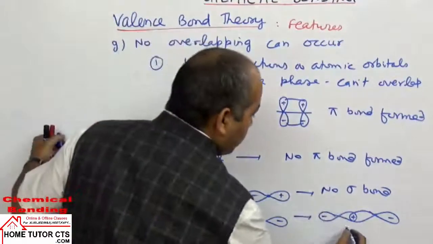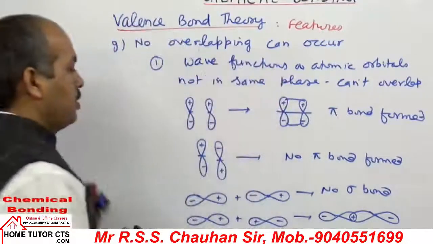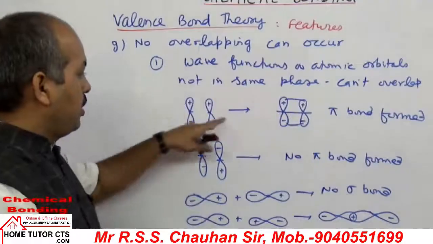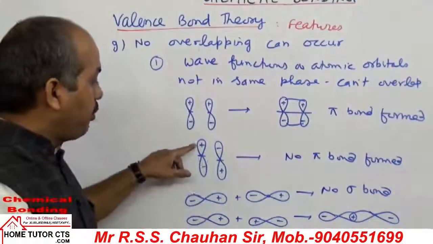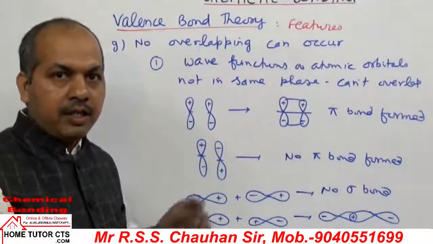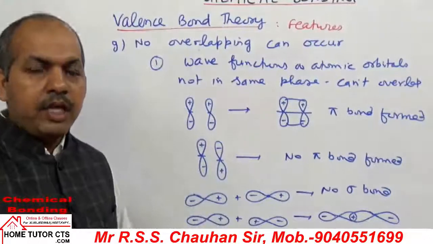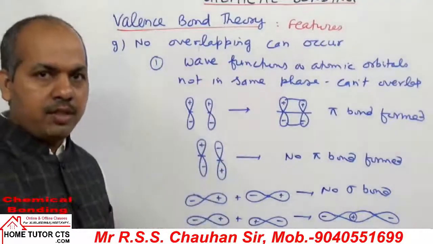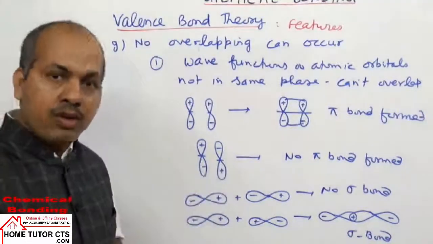They will form a sigma bond. So in these cases, the sign negative or positive does not mean the charge. They are just like the crest and trough of a wave, for which the sign positive or negative is given for the wave functions.